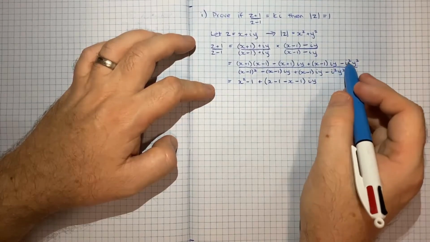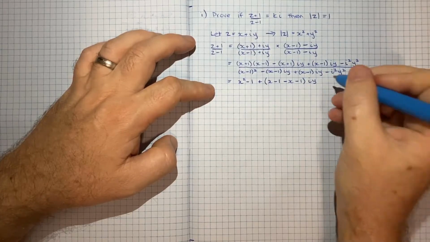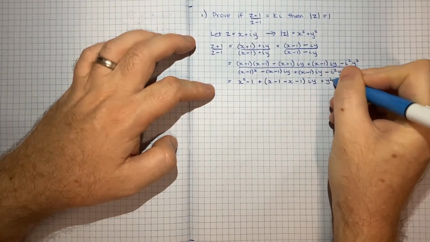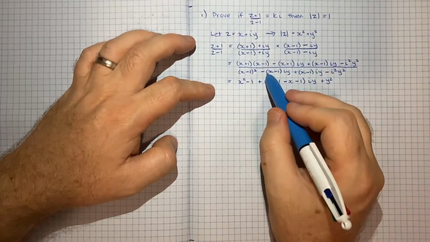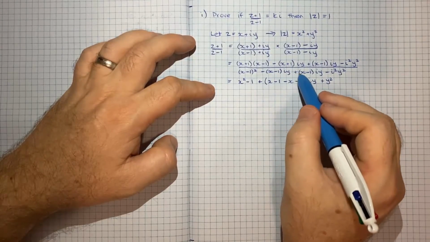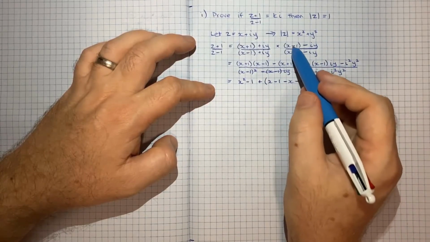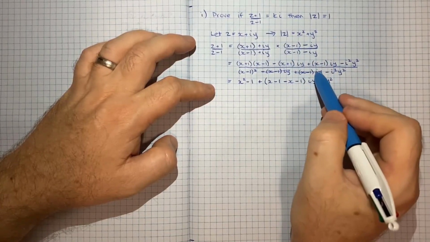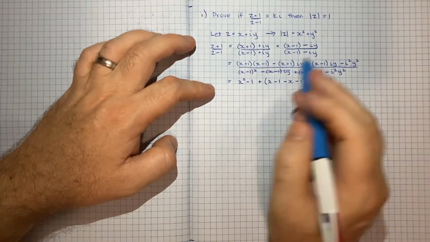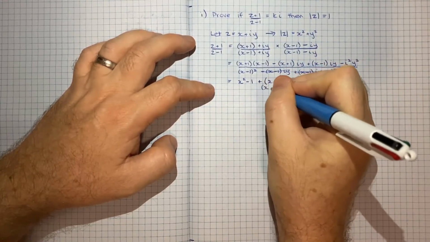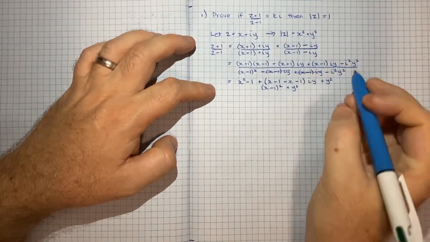And then negative, well, i squared is negative 1, so negative times negative 1 is plus, so we get plus y squared. In the denominator, the minus x minus 1 iy and the plus x minus 1 iy will just cancel. That's the whole point of multiplying top and bottom by the conjugate. The imaginary part's always going to drop off. And we're left with x minus 1 squared plus y squared.